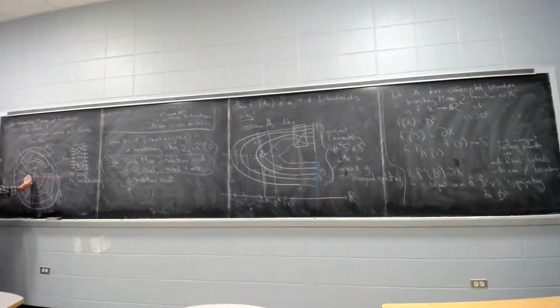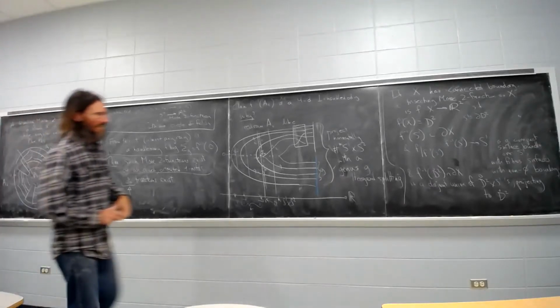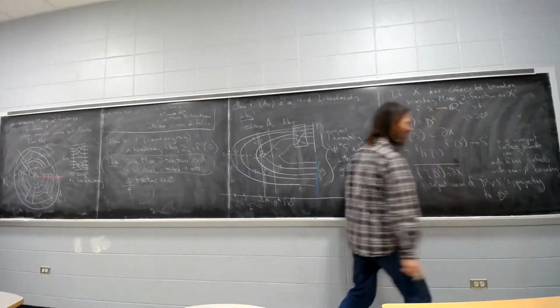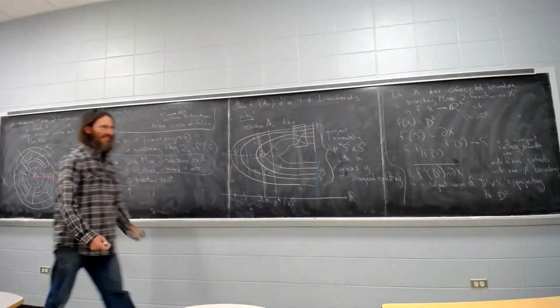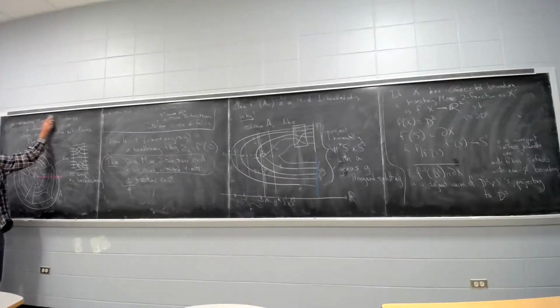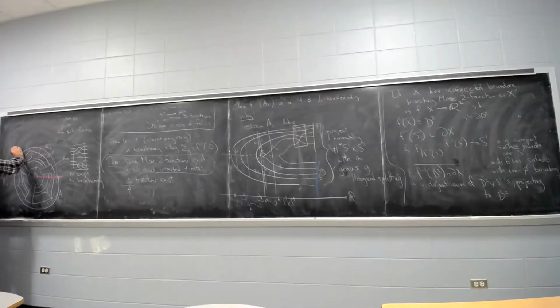That's like the tin can was at zero, disk cross S1 at zero. Maybe a better way to say it is: take the inverse image of the interior, intersect it with the boundary of X, then take the closure. That's a bunch of solid tori projecting down onto the factor. I'm going to leave this up here. Get rid of this 0.